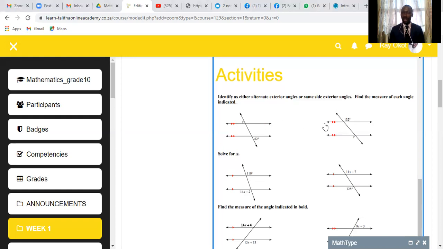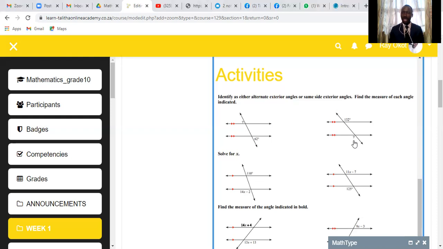For the first activity, part 2, we also have two parallel lines. Then we have a transversal line here. Because of the presence of the transversal line, we have this angle, 132 degrees, and we also have this other angle.